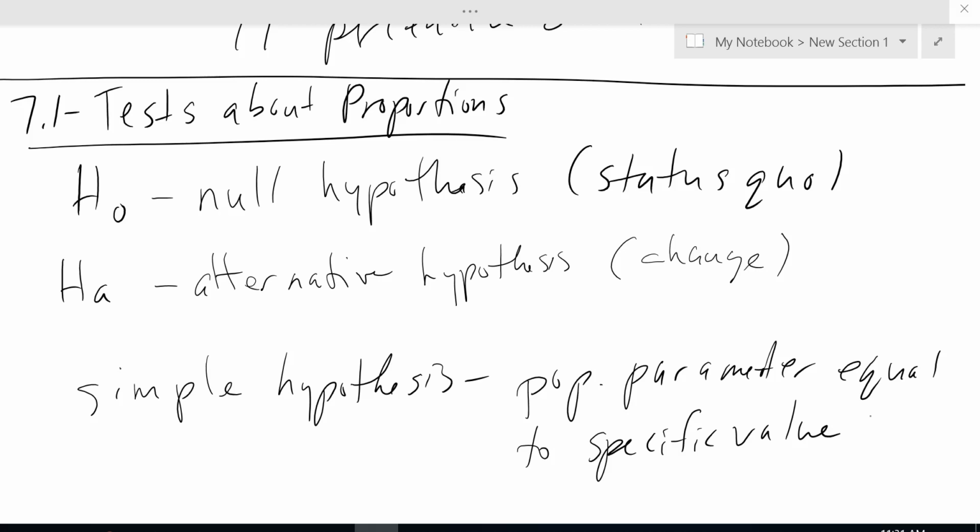Your alternative hypotheses are typically compound hypotheses. Compound in the fact that I just want to know that the status quo has changed, not to what it changed to, not a specific value, but that it moved. So either it's less than what it was before, greater than what it was before, or not equal to. There are 3 possibilities in that, right?